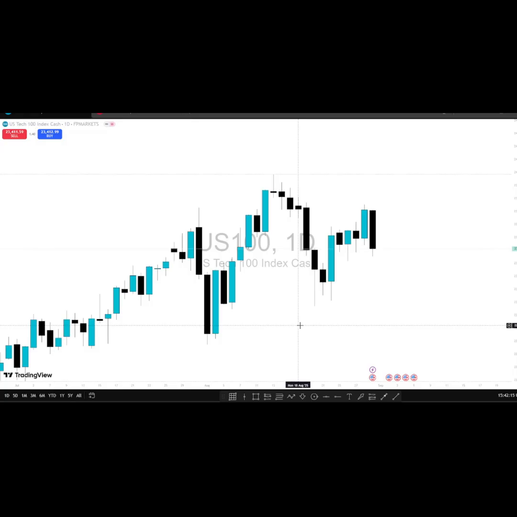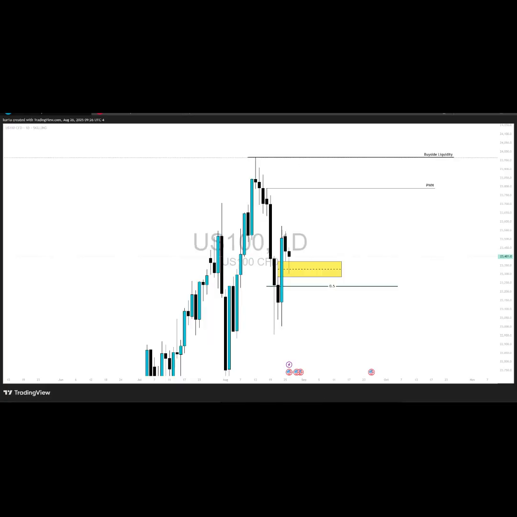As you can see on the screenshots that I will place right here, at that moment in the day, it was around 7 a.m. New York time. The previous day low had been swept on both assets, US 100 and US 500.